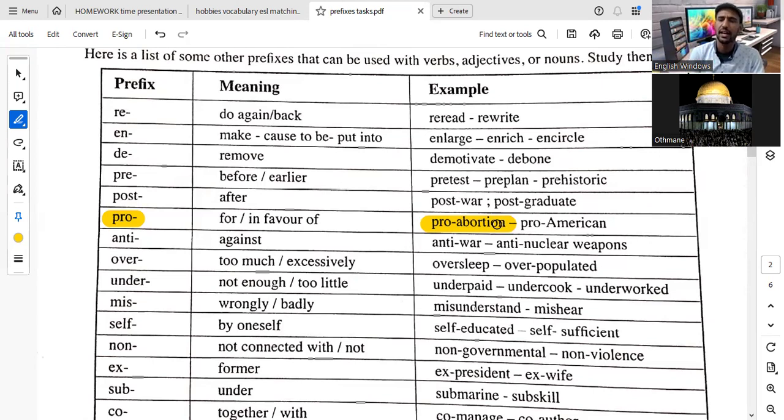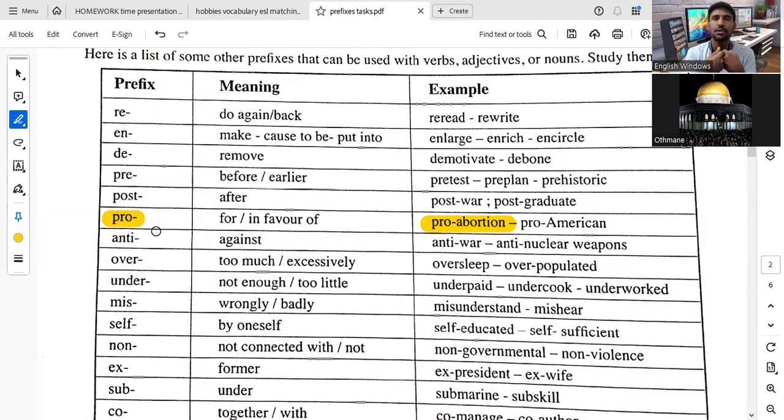So what does she do? She goes into abortion. I mean, she tries to remove that baby from inside her. That's pro. Pro means they are with.